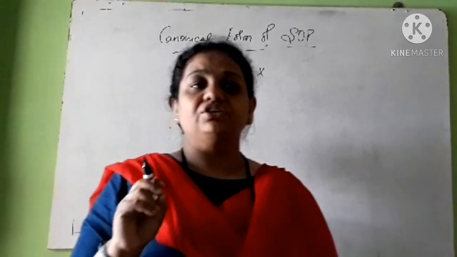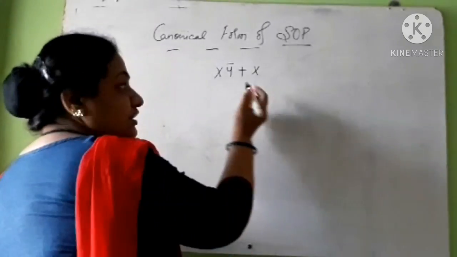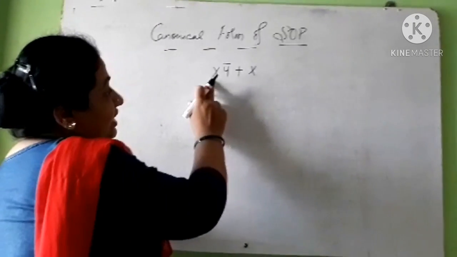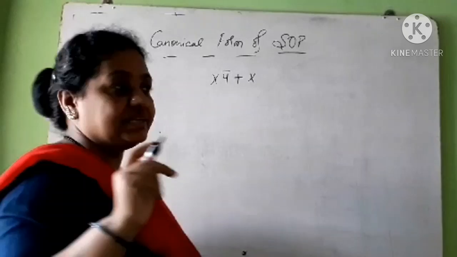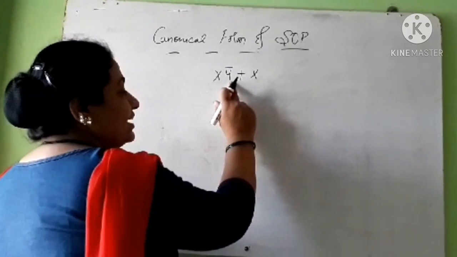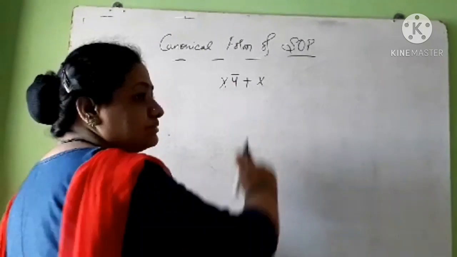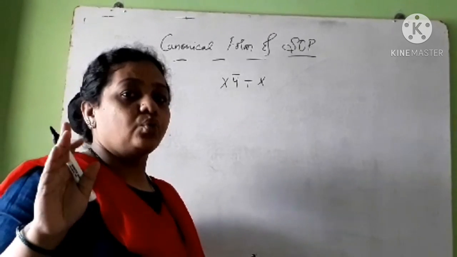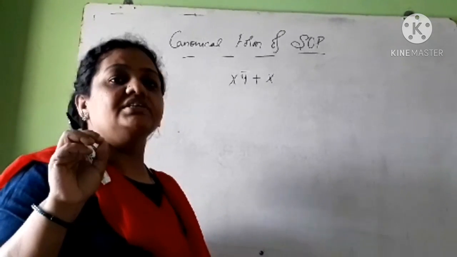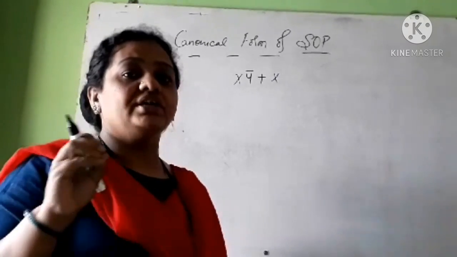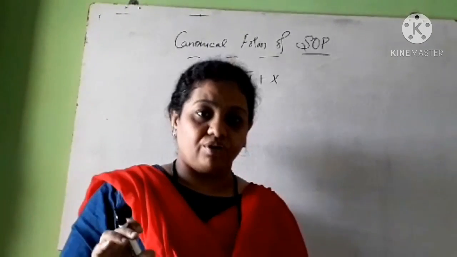Pure representation of SOP means, see if you observe here, we have x y bar. In the expression there are 2 variables. In the first term we have x y bar. In the second term there is only x. Y is missing. So this expression is said to be not in canonical form. Why?